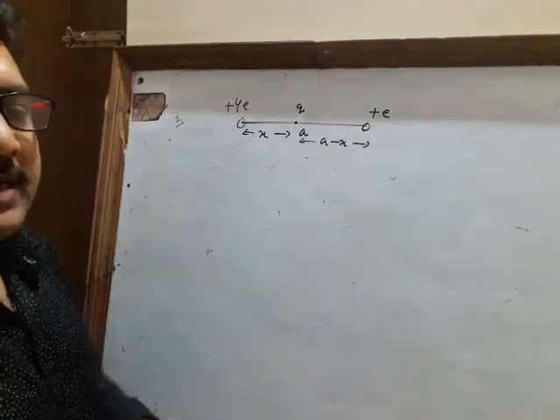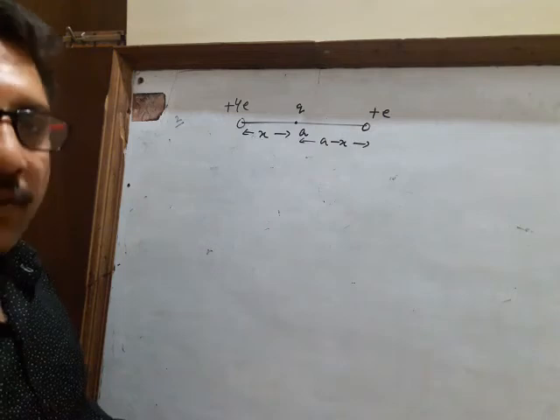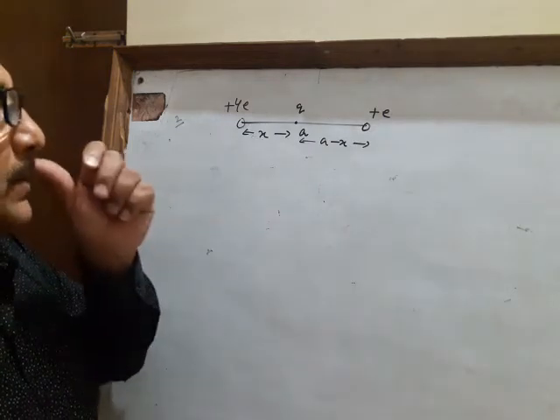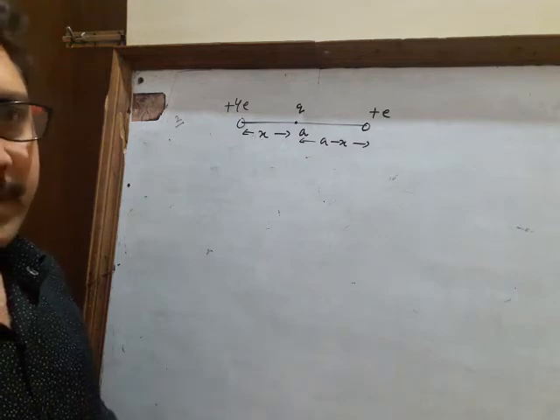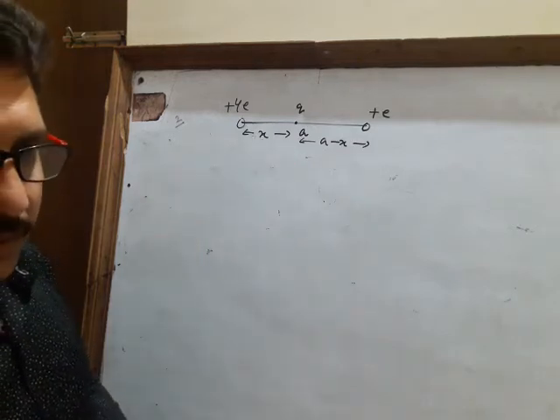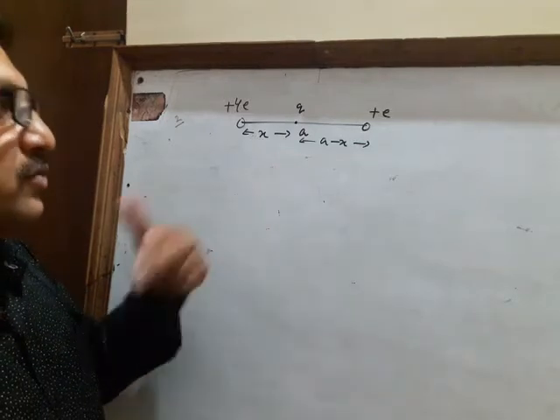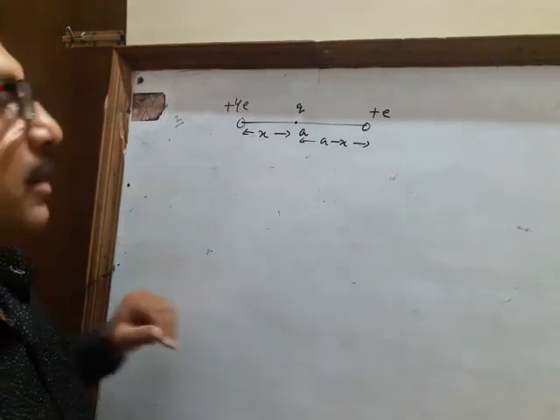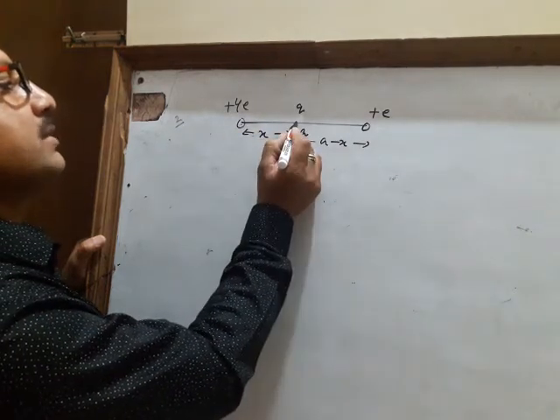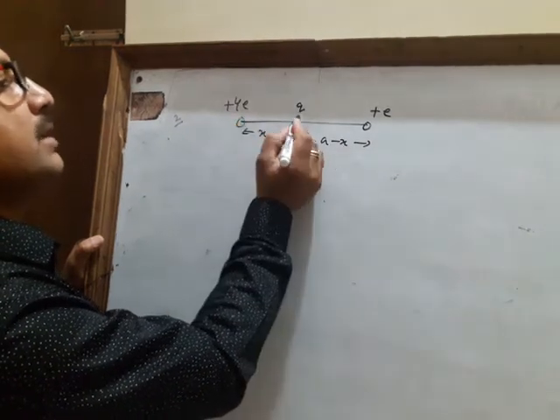Now the whole system has to be in equilibrium, which means the forces have to be balanced. You can use the electric field intensity formula, or the Coulomb formula also. If I use Coulomb's formula, how will we proceed? What is the force acting on this charge due to plus 4e?